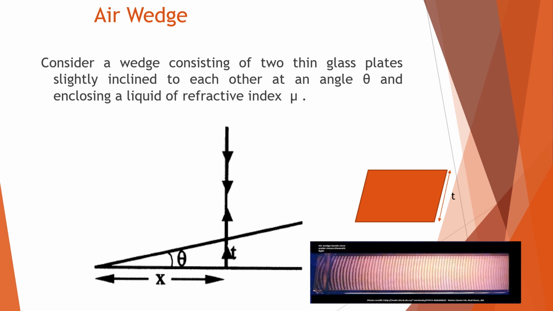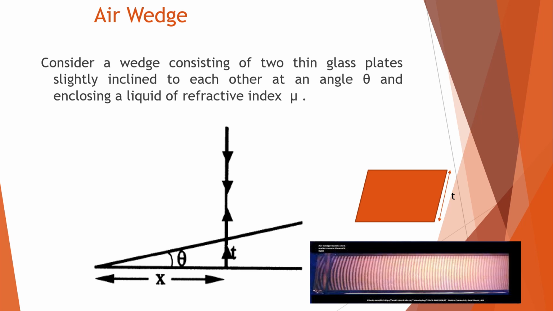What was its definition? Bandwidth is the distance between two consecutive dark bands or two consecutive bright bands, or one bright band and a dark band. It also constitutes a bandwidth. So in this essay of air wedge also, you will derive an expression for bandwidth.